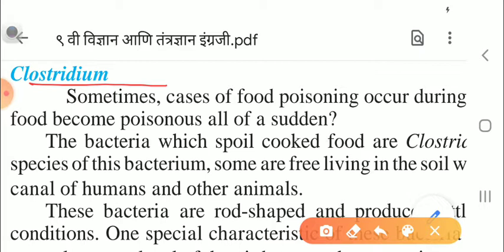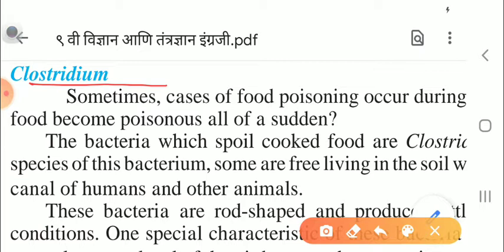Meaning sometimes when some gathering or some marriage or some birthday party is there, the full content of the food becomes poisonous, and due to that the persons who are eating that food become victims of food poisoning. So all of a sudden this food becomes poisonous.